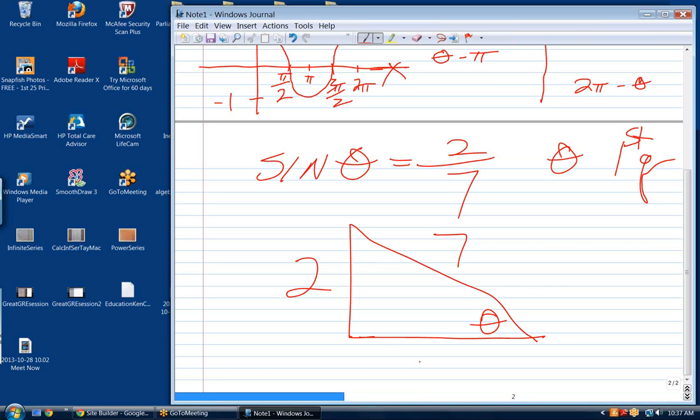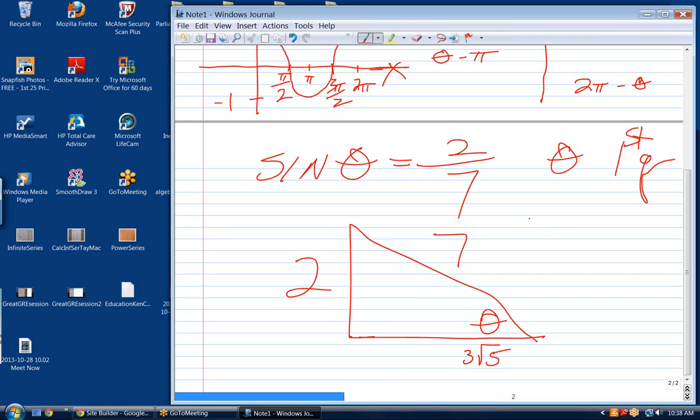Now, this is the square root of 49 minus 4, so this would be the square root of 45. In other words, the one trig function allows you to put two sides on the triangle. The Pythagorean theorem allows you to put the other. So that's 3 root 5.